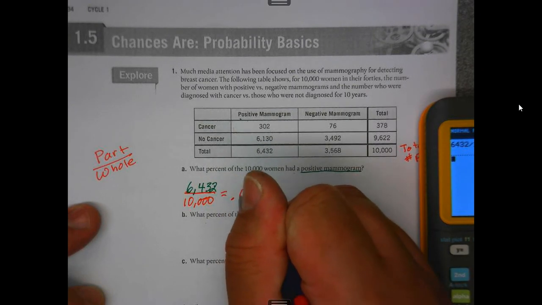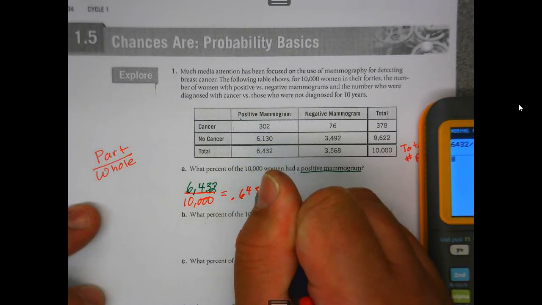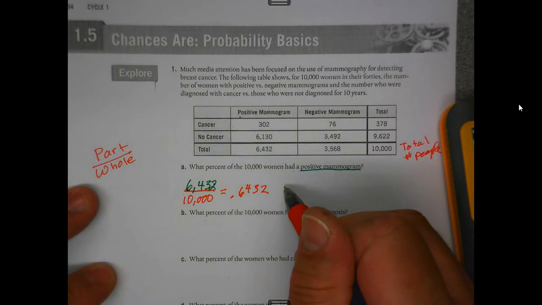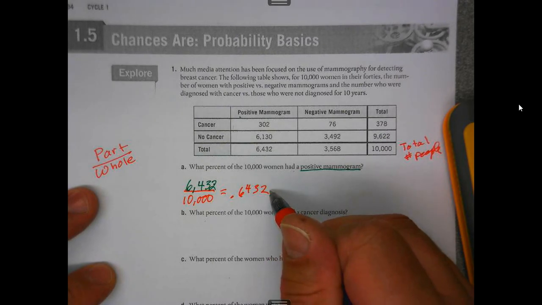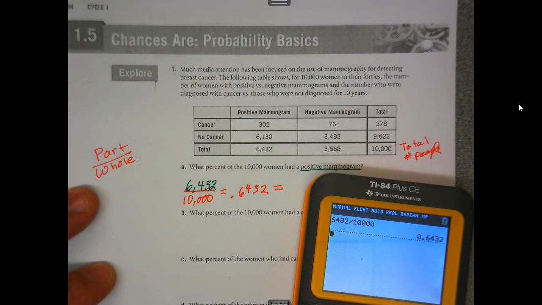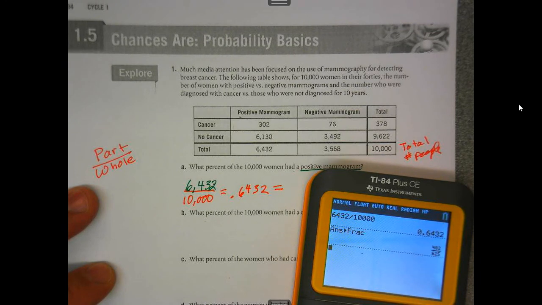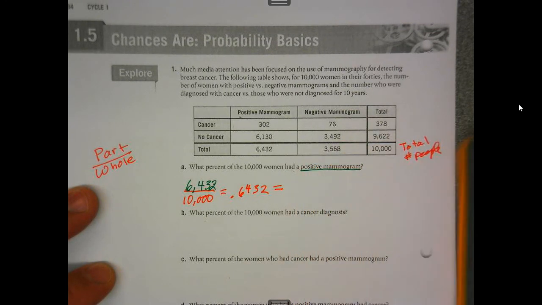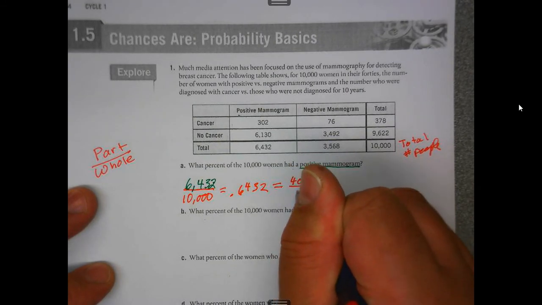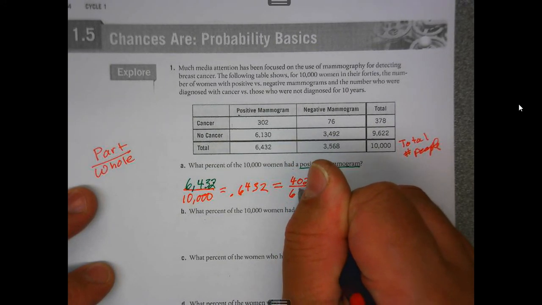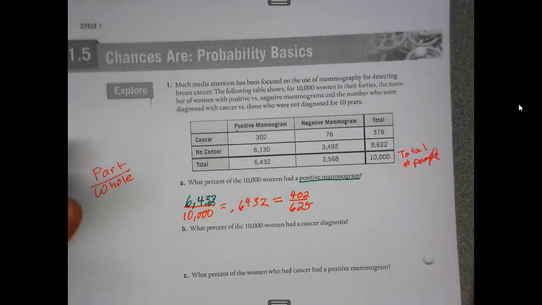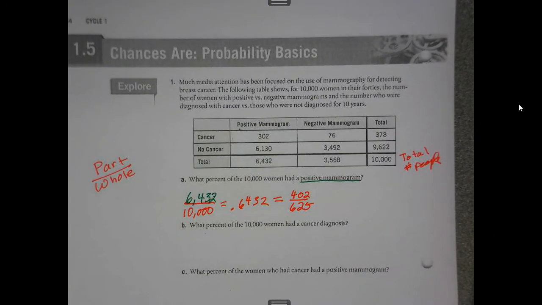Now, some probabilities are going to ask you for the decimal. Some will ask you for the fraction. If I want the fraction, just hit math, enter, enter. I get 402 over 625. And some probabilities, especially when we get into the next page, where we're looking for frequencies, are usually done in percentages.